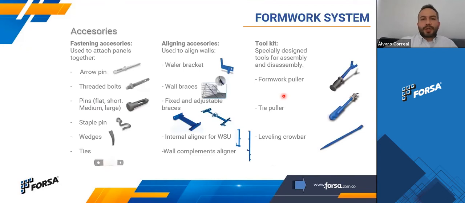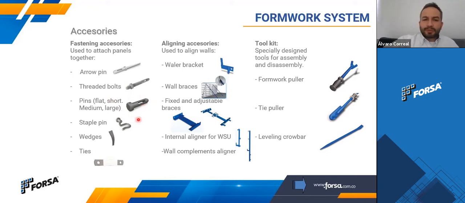For the accessories in our formwork system, we have the arrow pins. We have threaded bolts. With these threaded bolts, you can adjust this bolt and use this accessory on different sizes of openings. You have pins.